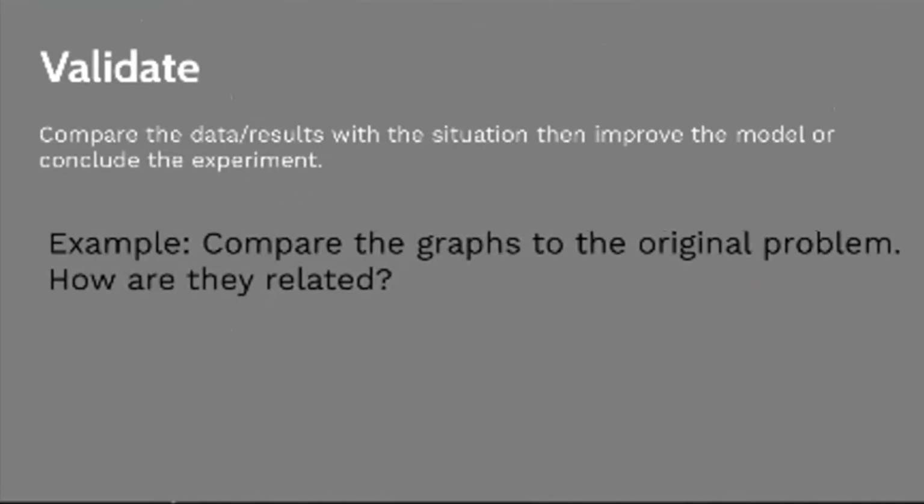Second to last is validate. We're comparing the results to the situation and seeing if we can improve our model, making sure our model is working. We're looking, does this make sense? Well, yeah, right? Y'all remember we did the problem with John and Amy and DeMarcus, whatever. At first, the guy who was paid more automatically was making more money.